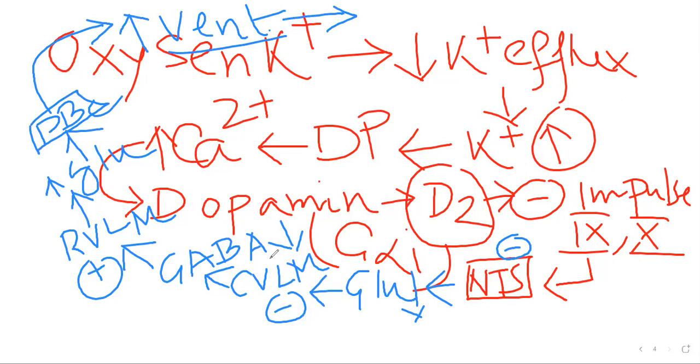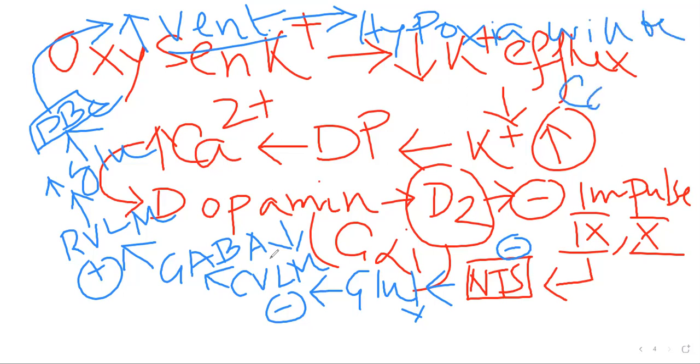So hypoxia will be normalized, and the acidotic situation will also be normalized. Hypoxia will be corrected. So this is the process by which the glomus type 1 cell operates.